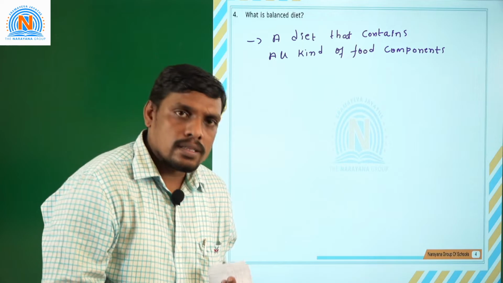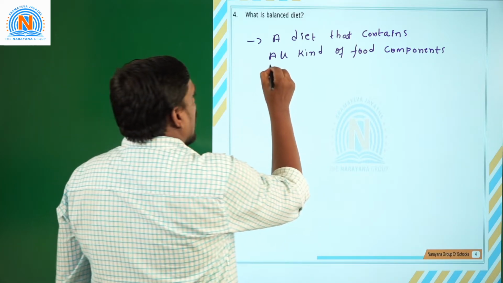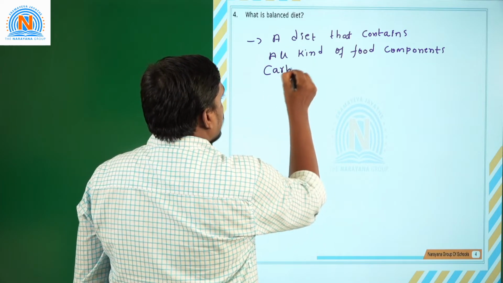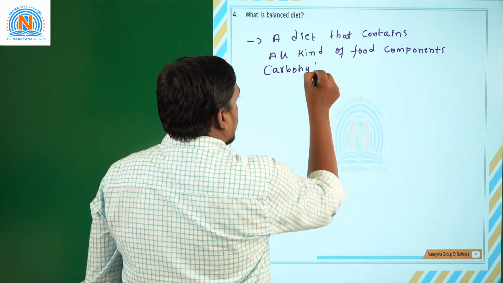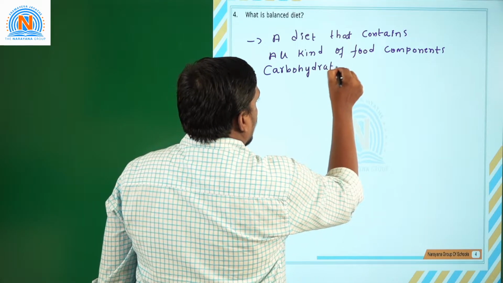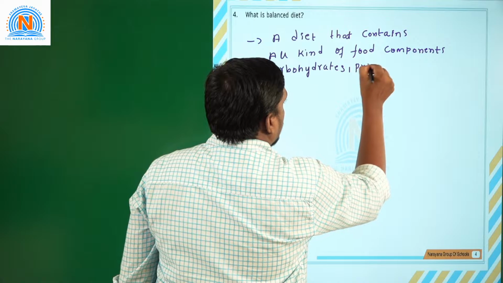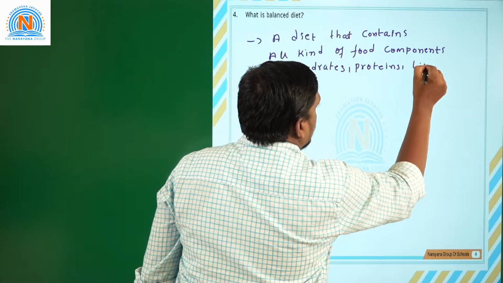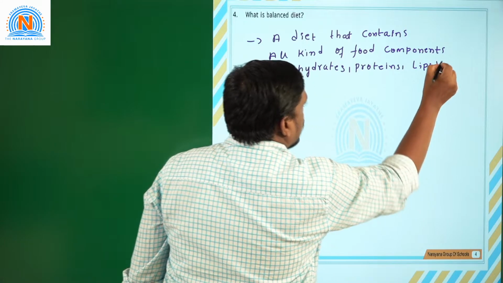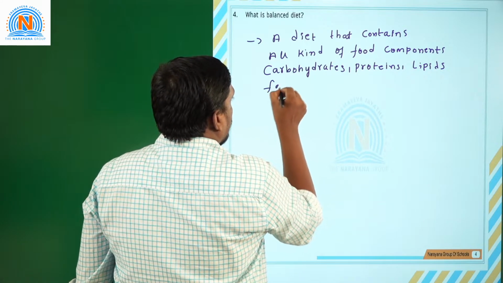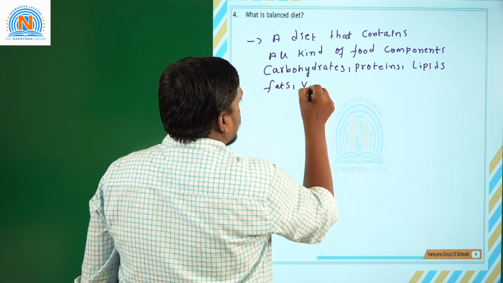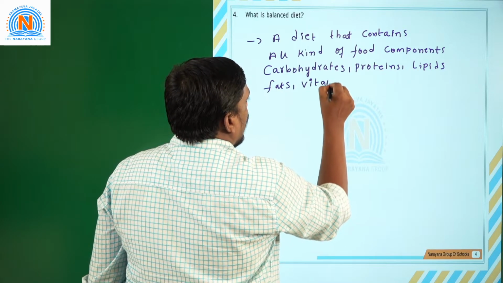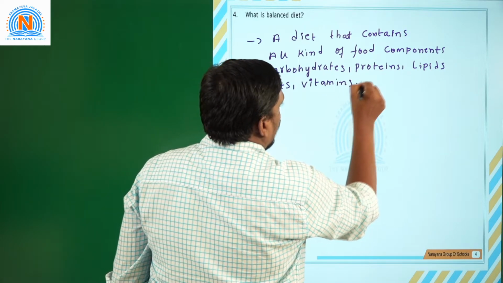The balanced diet contains carbohydrates, proteins, lipids or fats, vitamins, and minerals.